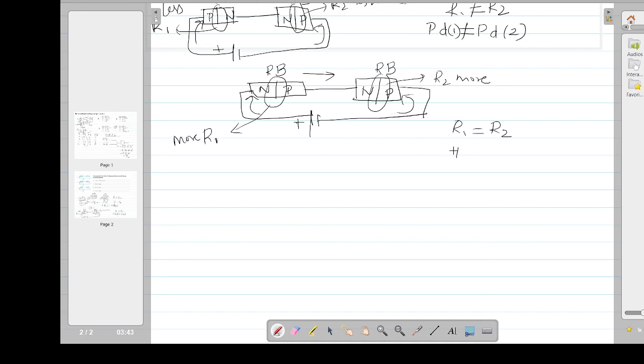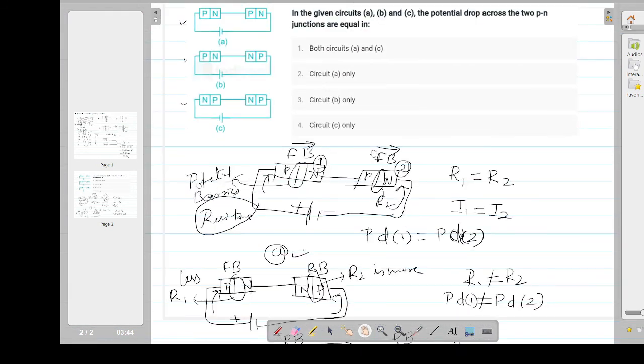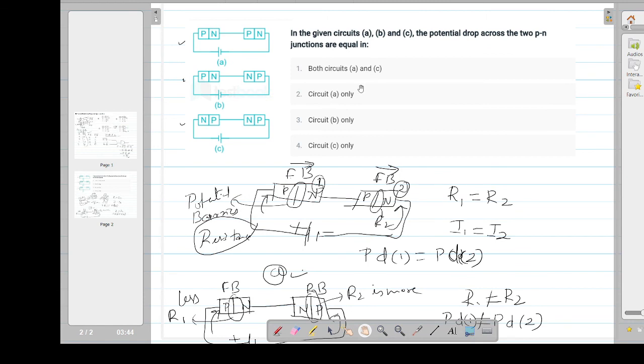Because of that, the current flowing through both PN junctions is the same. So the potential drop across the first PN junction will be equal to the potential drop across the second. So circuit C is also a correct option. In option 1, they have given both circuit A and C, so option 1 is the correct answer.